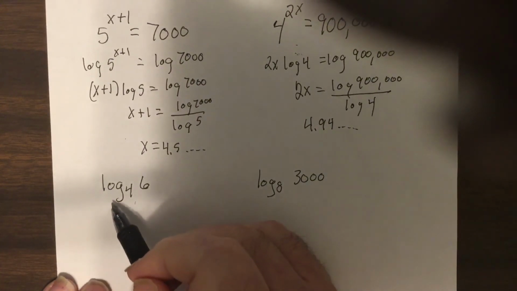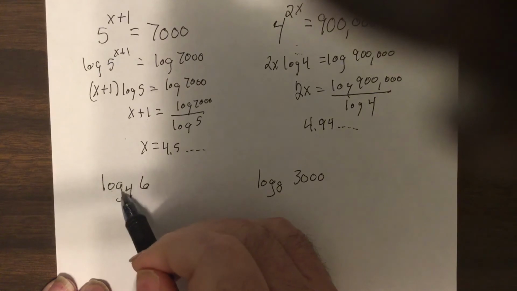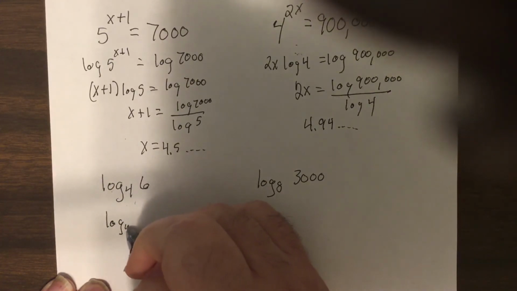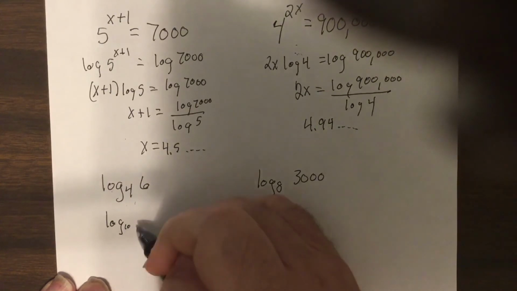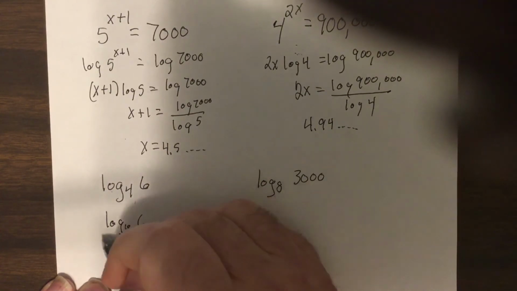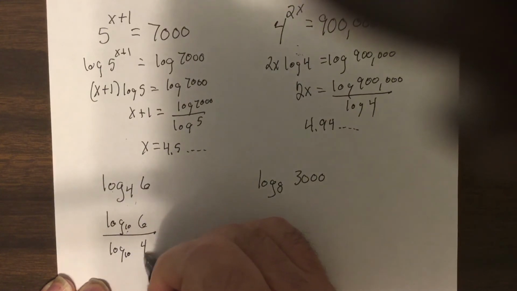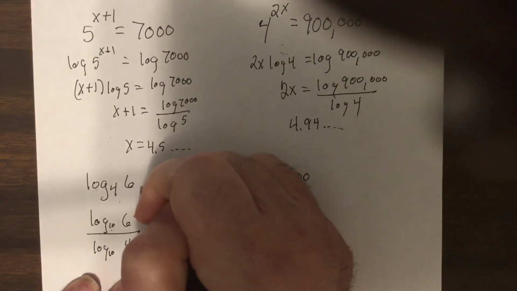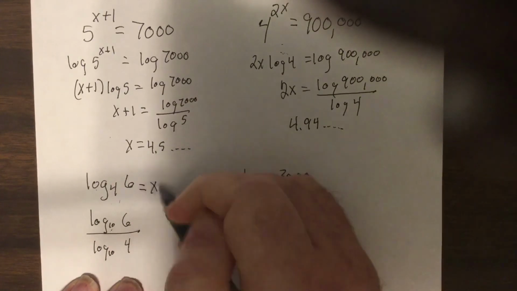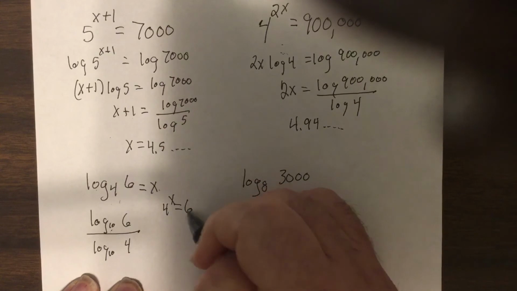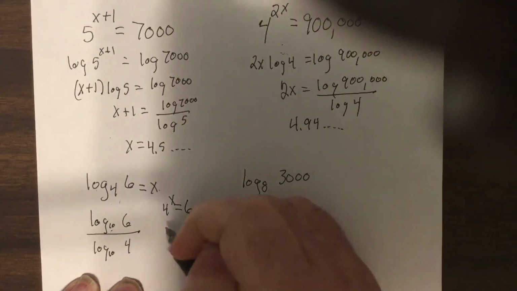The change of base formula says log new base of what you were taking a log of. Now I'm going to put a 10 there. When you have a base 10, you don't write that. Divided by log new base of the old base. Or, if you don't like to remember that, set it equal to x, write it as exponential, and then solve it using logs.